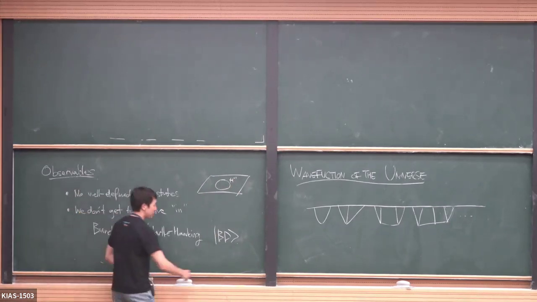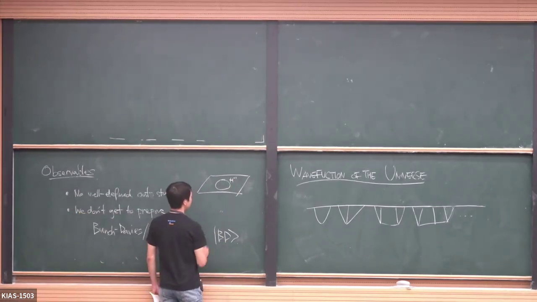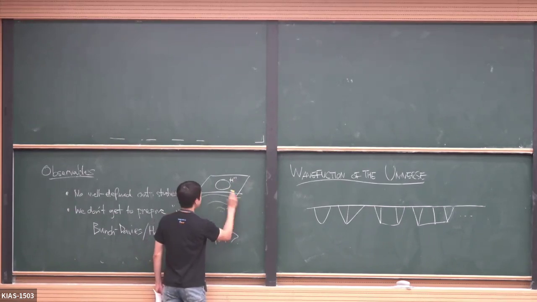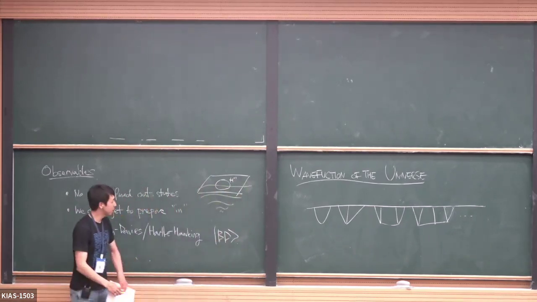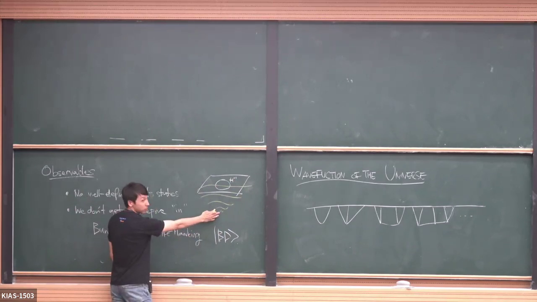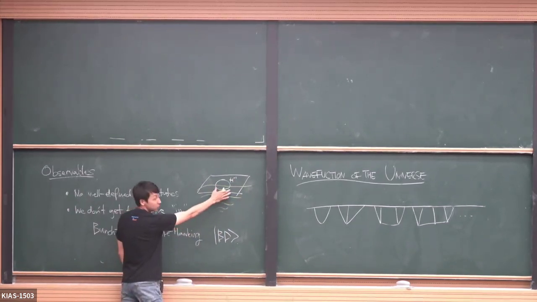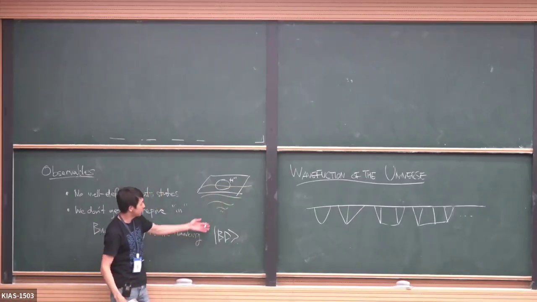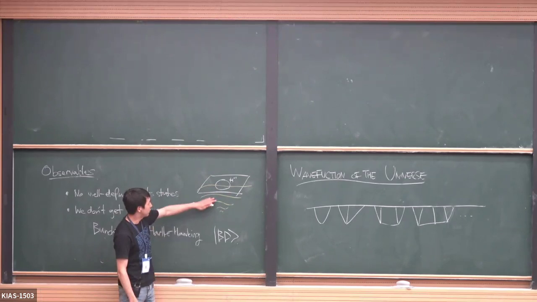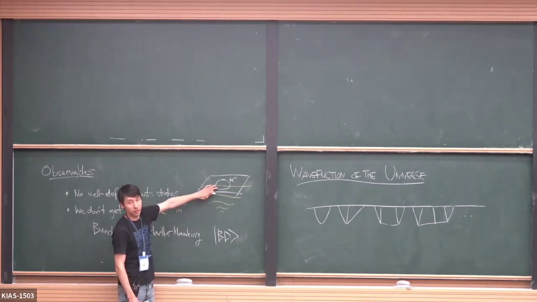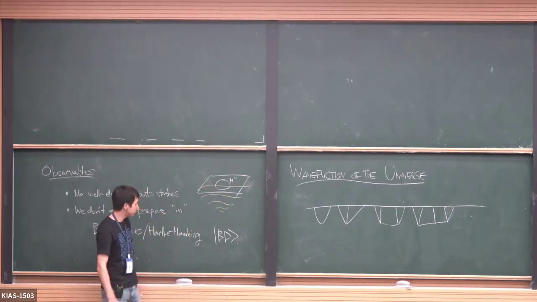Now, yesterday we saw that when we look at these primordial fluctuations, they really start from tiny quantum fluctuations whose physical wavelength is much smaller than the Hubble scale, the horizon scale, to begin with. And then as time goes up, these fluctuations eventually exit the horizon and then freeze out.